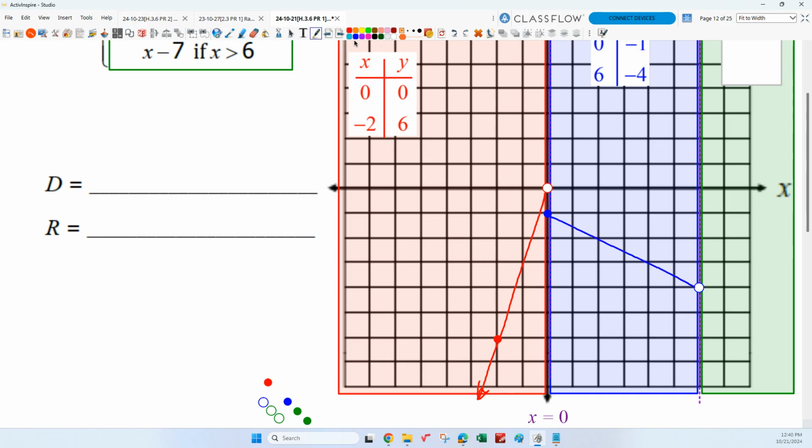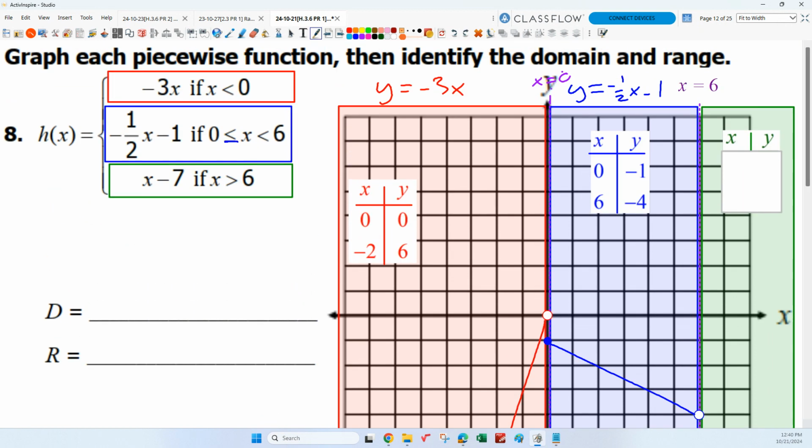And then finally, the green equation is just y equals x minus 7. We want to use the endpoint. So what if I plug in 6? 6 minus 7 is -1. Okay. Open or closed?